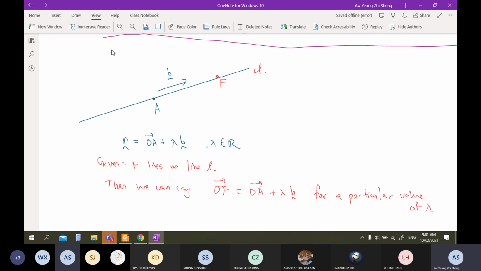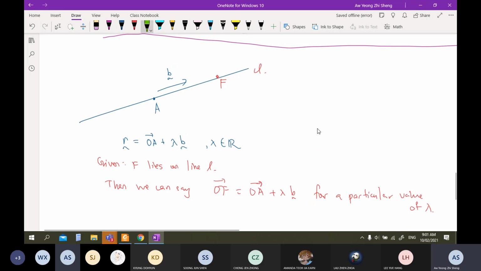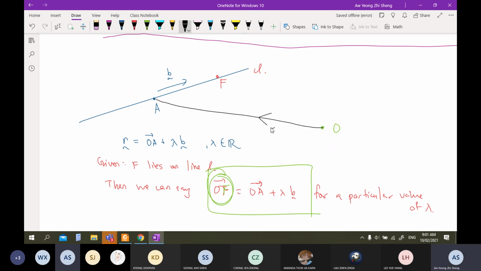So let's imagine this. You have O somewhere far away. I'm not sure where O is. If I want to get from O to F, let's focus on this green box here, I can travel from O to A first, which is what I have here as the first term.